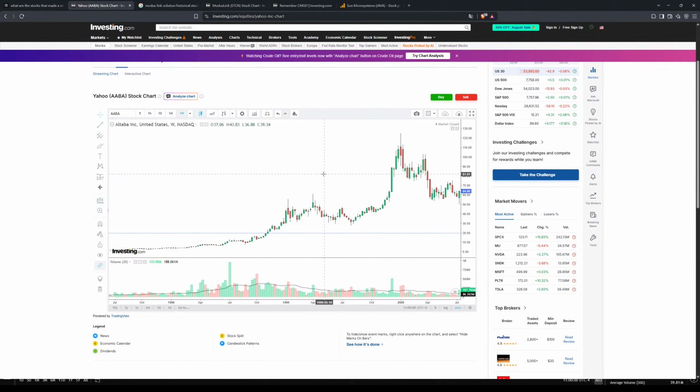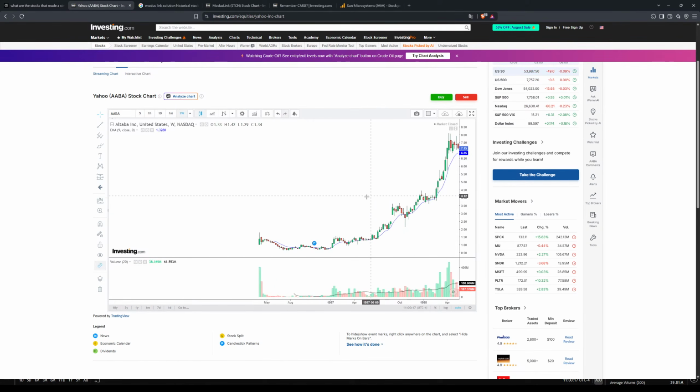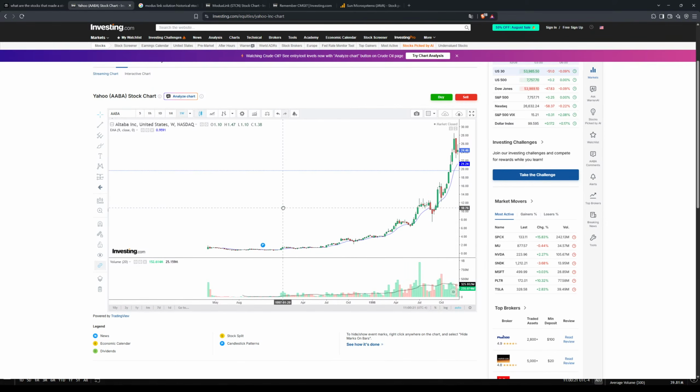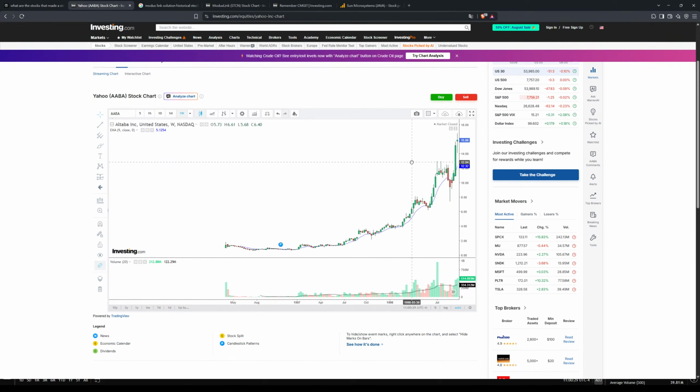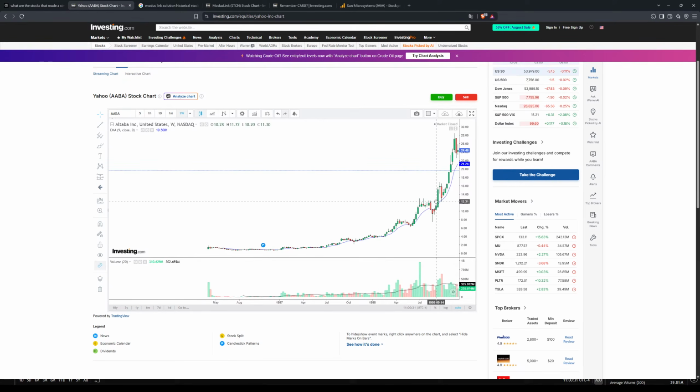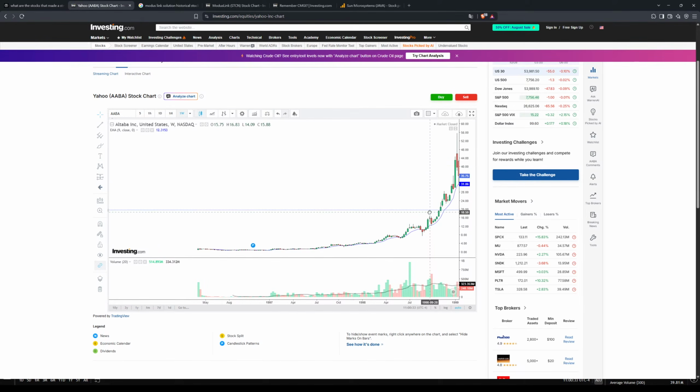This one is Yahoo, and Yahoo had its IPO in 1996. This one looks like it's getting pretty parabolic, but somehow it bounces back and makes another parabolic move.